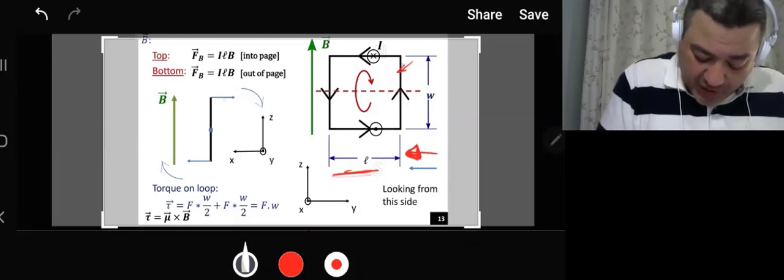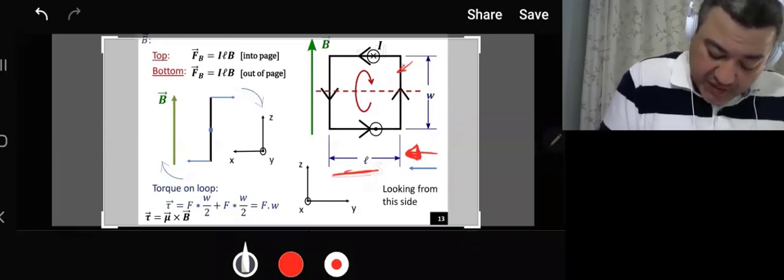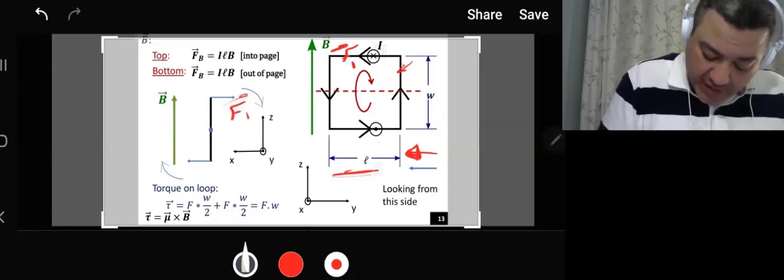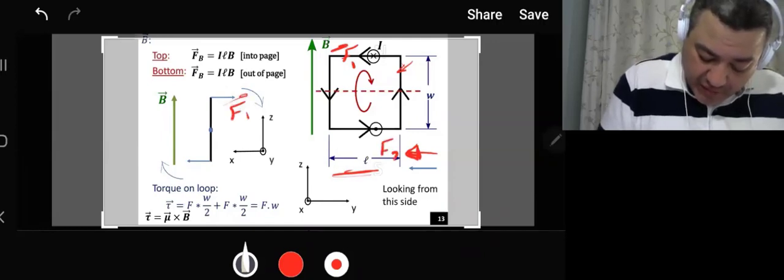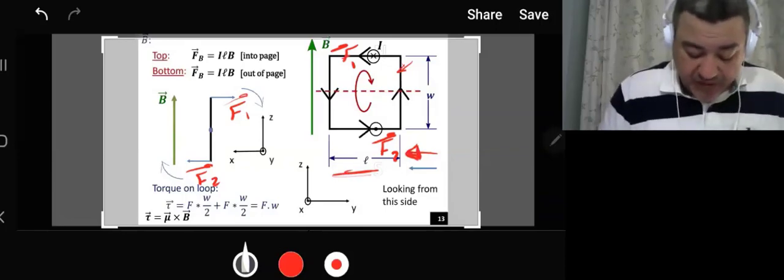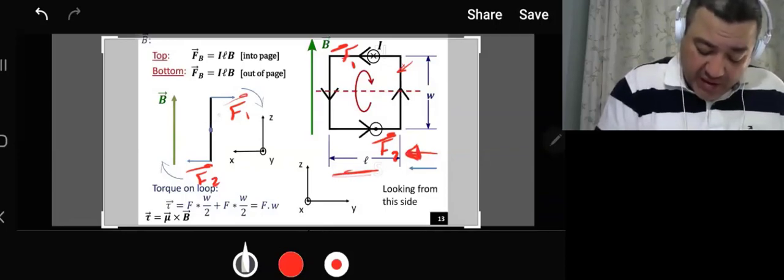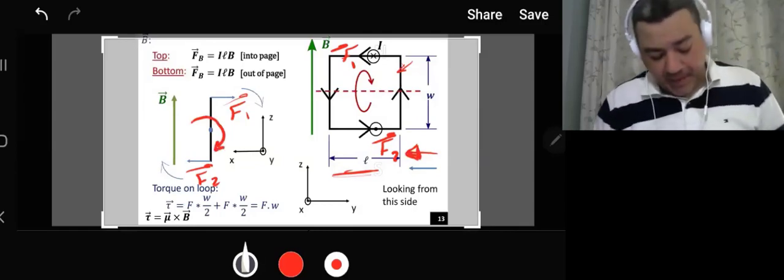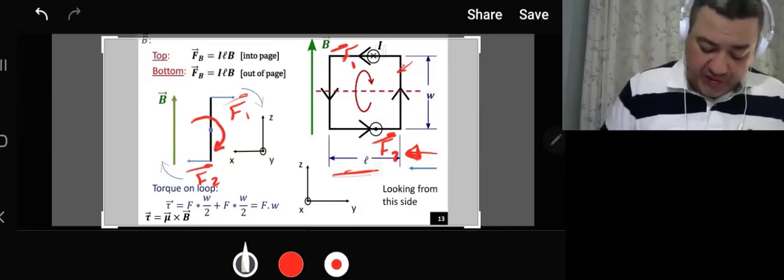This is the one that is pointing into the page. I call this one F1, then this one is F1. If I call this one F2, then this one is F2. Those two forces are equal, and that's why this loop now is going to rotate this way. This loop is going to rotate this way due to that torque.